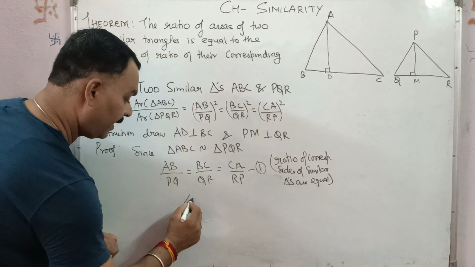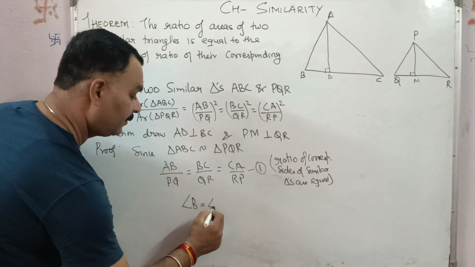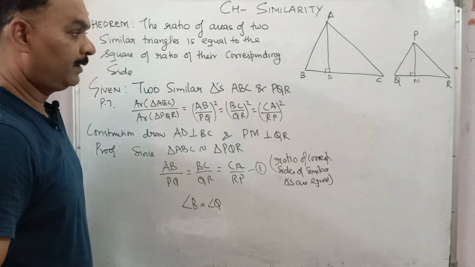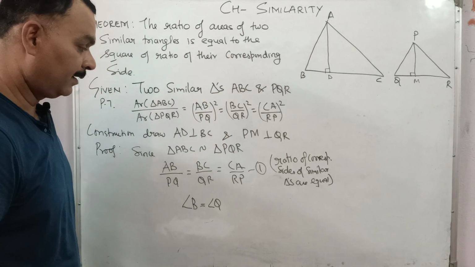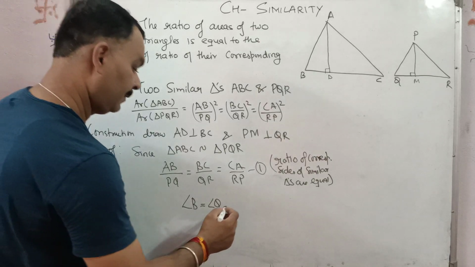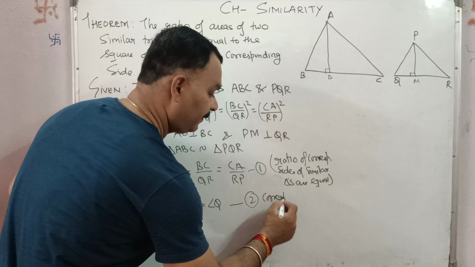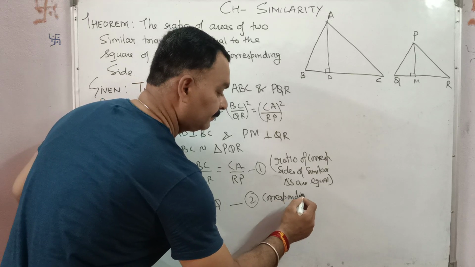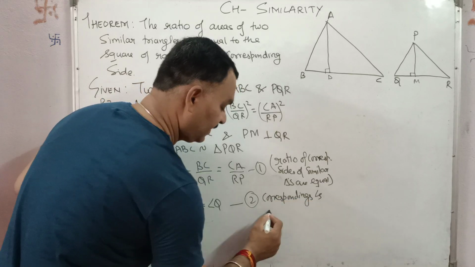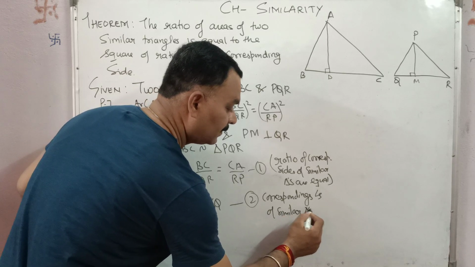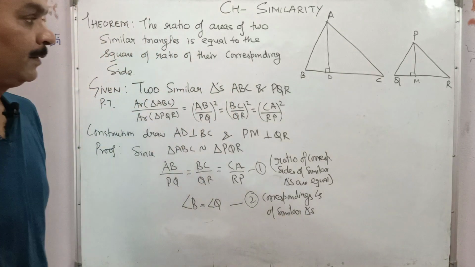And we can further write that angle B is equal to angle Q. Why? Corresponding angles of similar triangles are also equal.